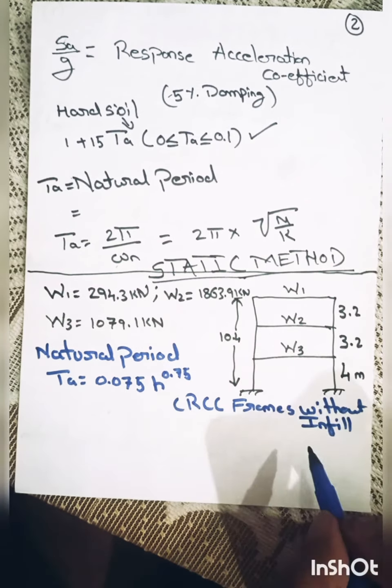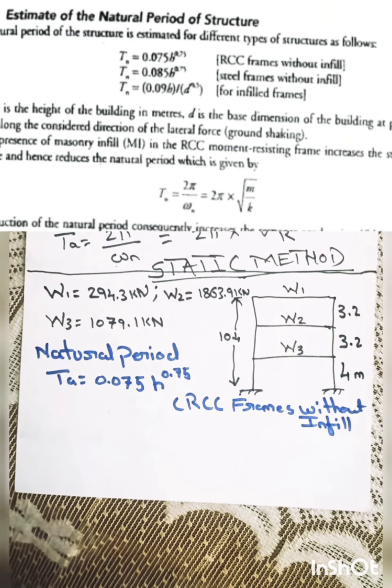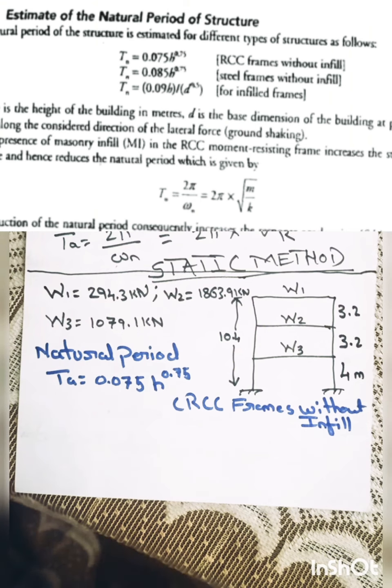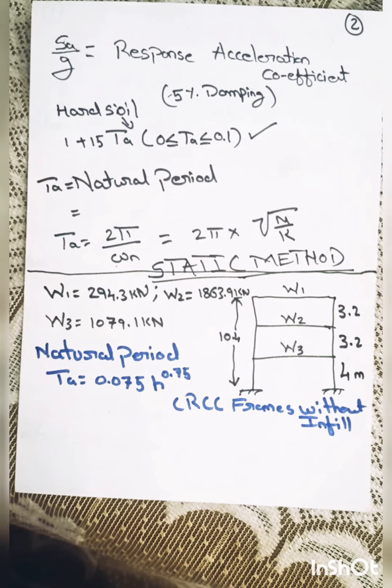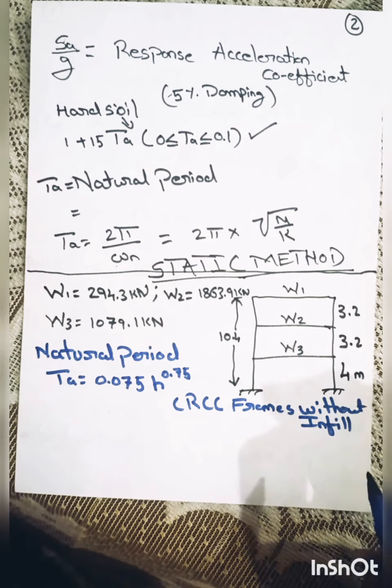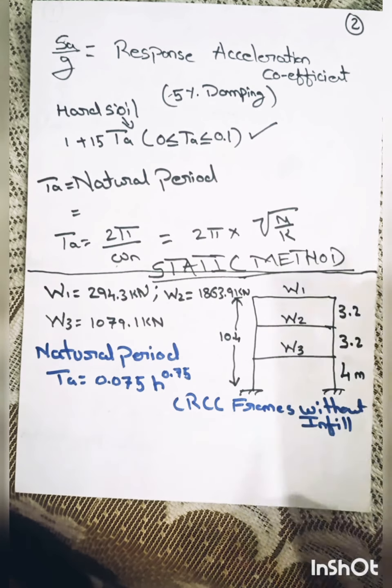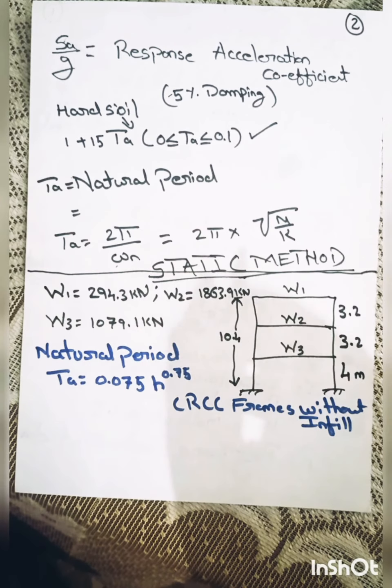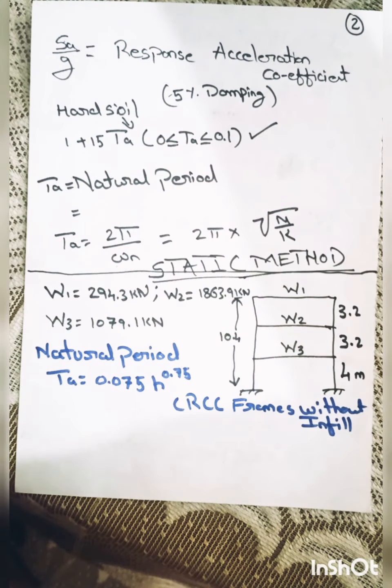If it is mentioned in the question to consider infill, you have to use a different formula, 0.09 h divided by square root of d, that is d raised to 0.5. Now they have not mentioned anything in the question, so I am assuming it as an RCC frame without infill, so it is 0.075 h raised to 0.75.